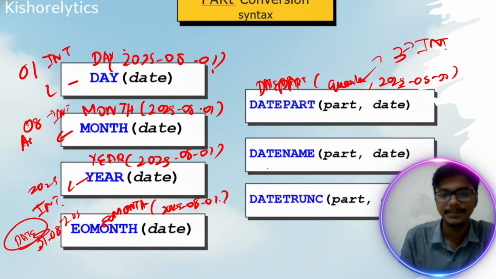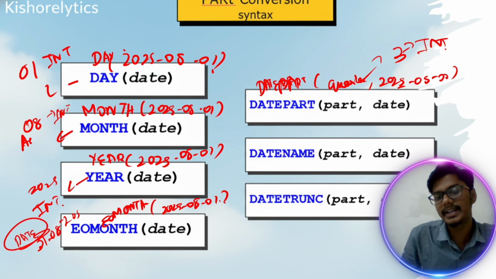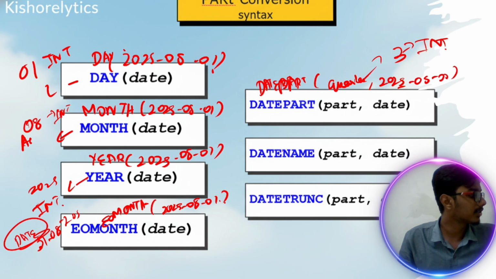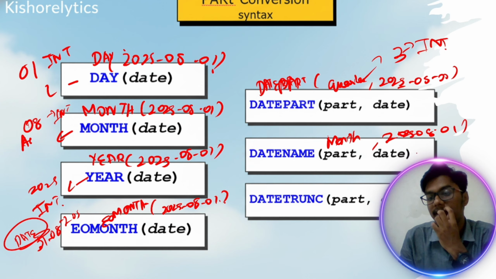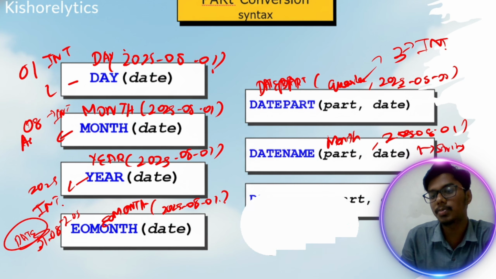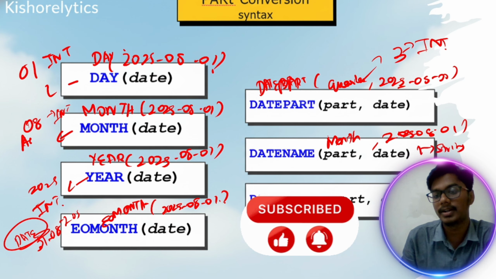If we consider the date name function, where you specify which part you want, say the month part, and I give the particular date 2025-08-01, it gives the output as a string, August, in words.